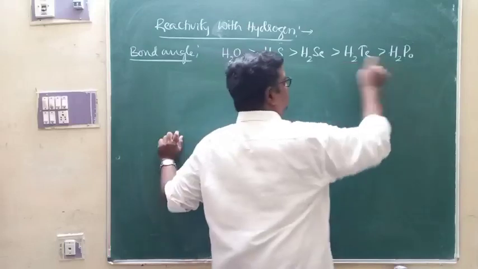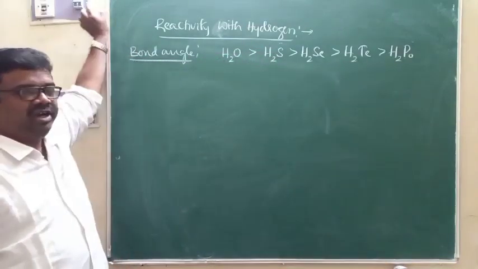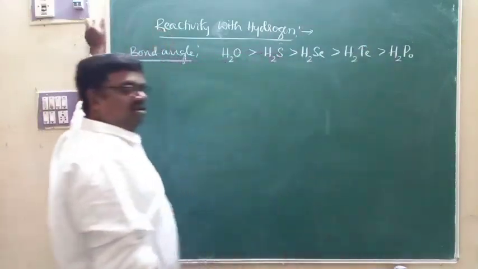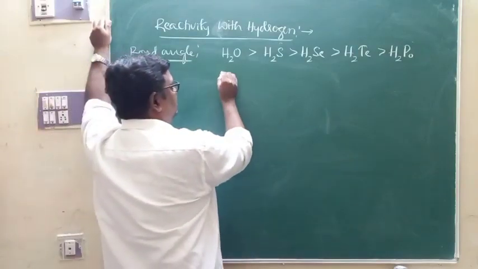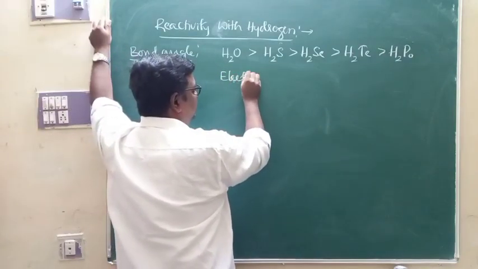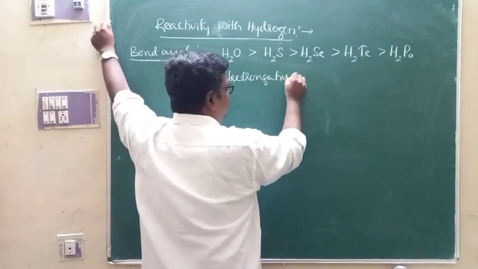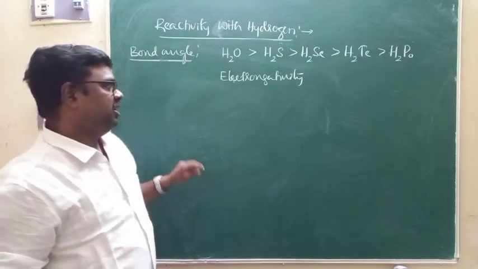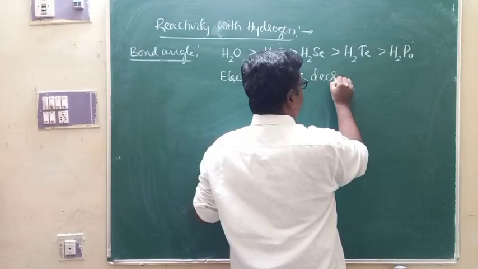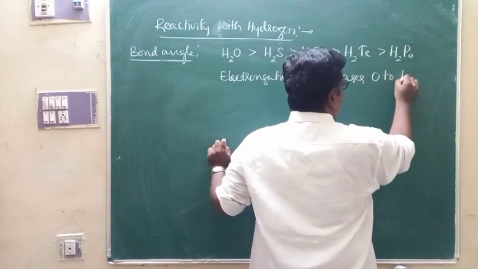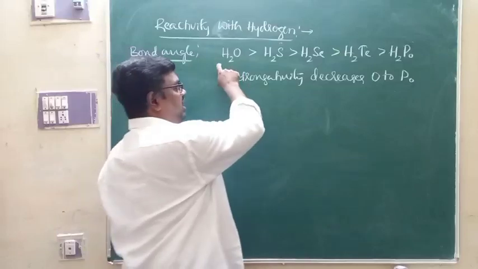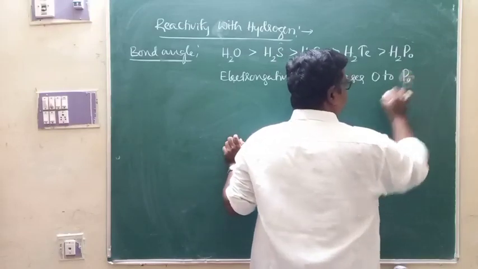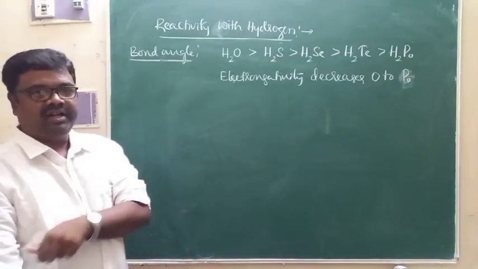Bond angle decreases from water to hydrogen polonide, because the electronegativity of the central atom, which is either oxygen, sulfur, selenium, tellurium or polonium, decreases from oxygen to polonium. Because of that, bond angle decreases.